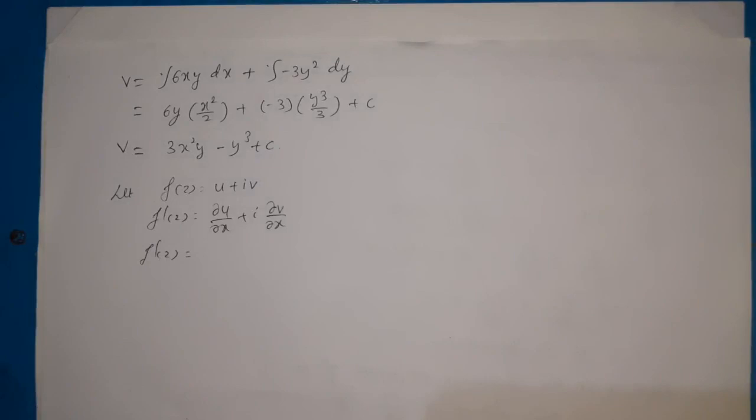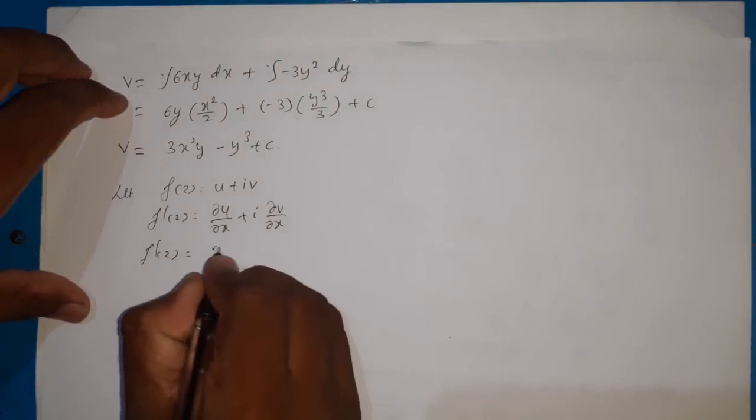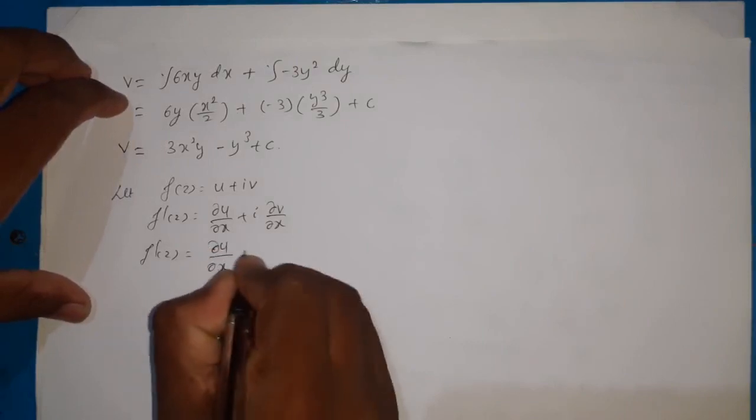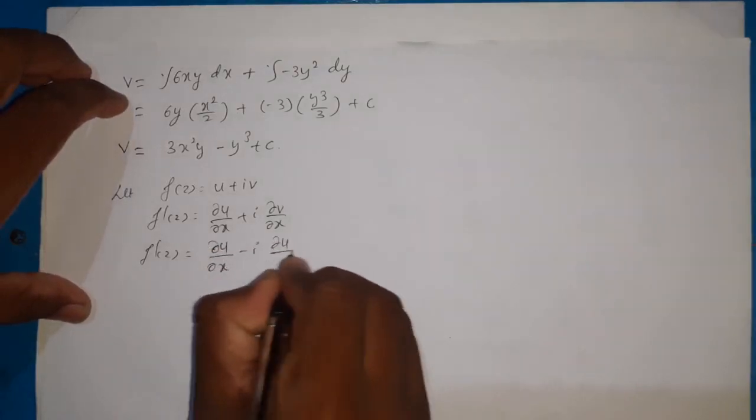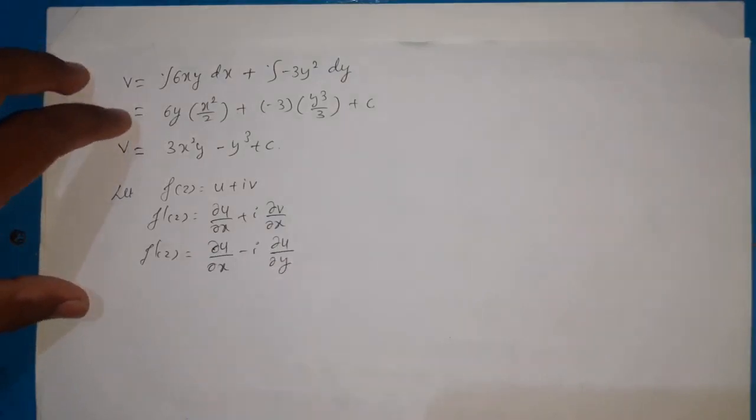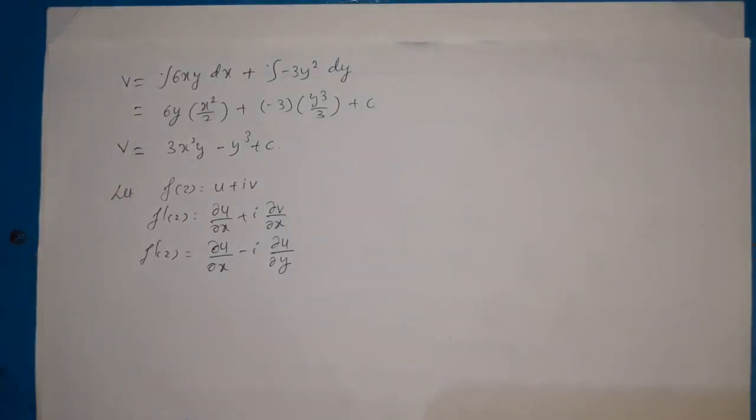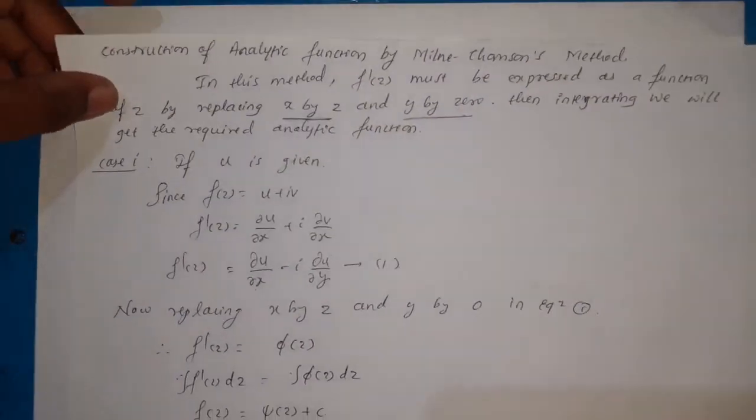So whenever u is given, then f dash of z can be written as ∂u/∂x minus i into ∂u/∂y by using the CR equations, because in the procedure it is given.